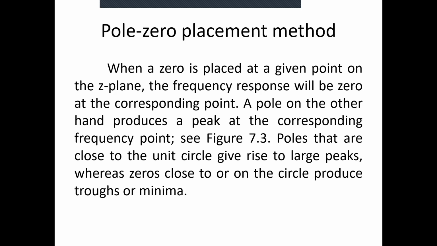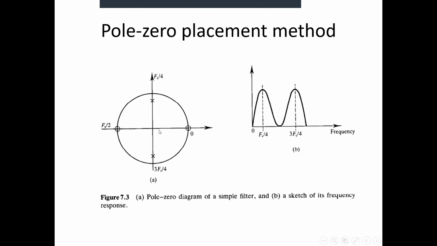So we have two important parameters in any X of z or H of z, which are the zeros and poles. And we said that zeros represent the roots of the numerator and poles represent the roots of the denominator. Look please, here we have a simple diagram, and as I have told you before, a zero is denoted by a small circle and a pole is denoted by a cross.